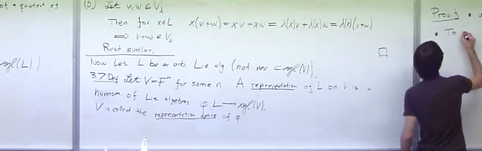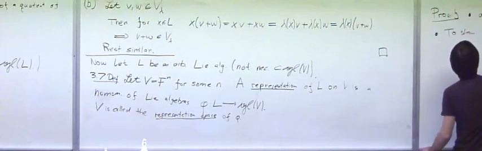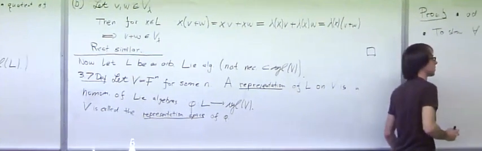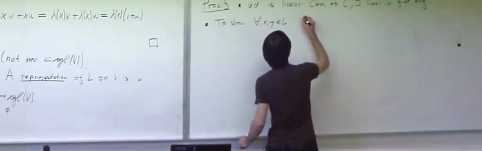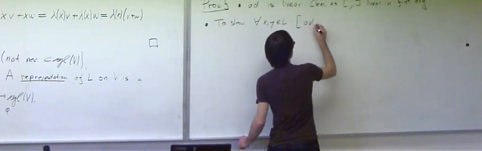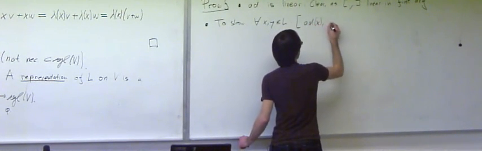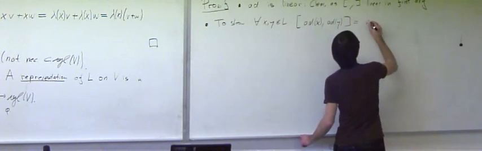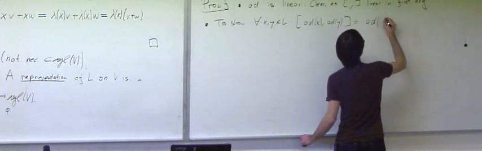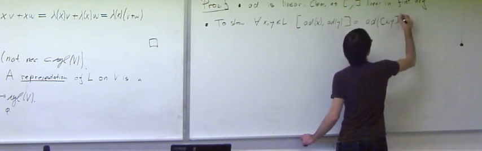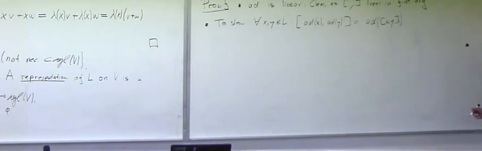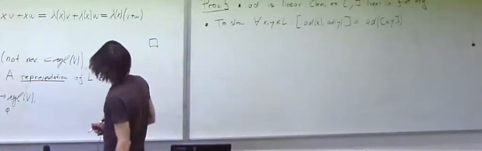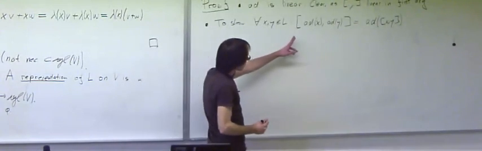So we have to show, for any x, y elements of the Lie algebra, that the bracket of ad x and ad y is the same as ad of the bracket of x and y.